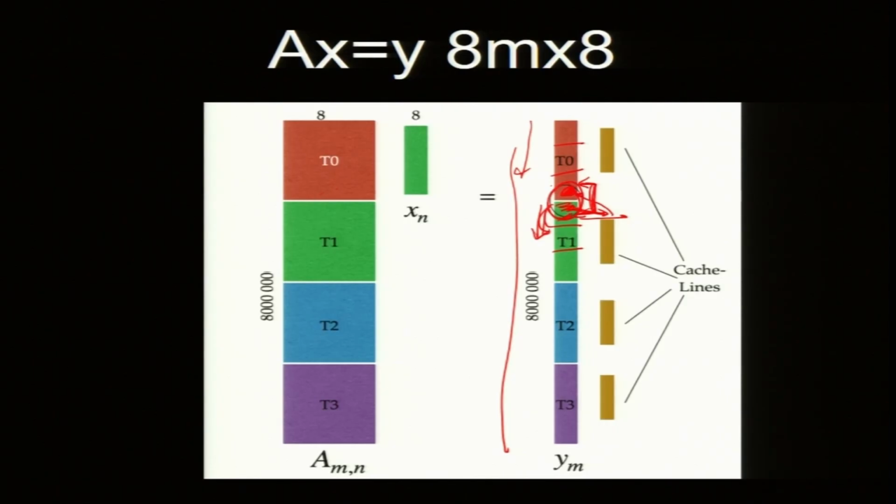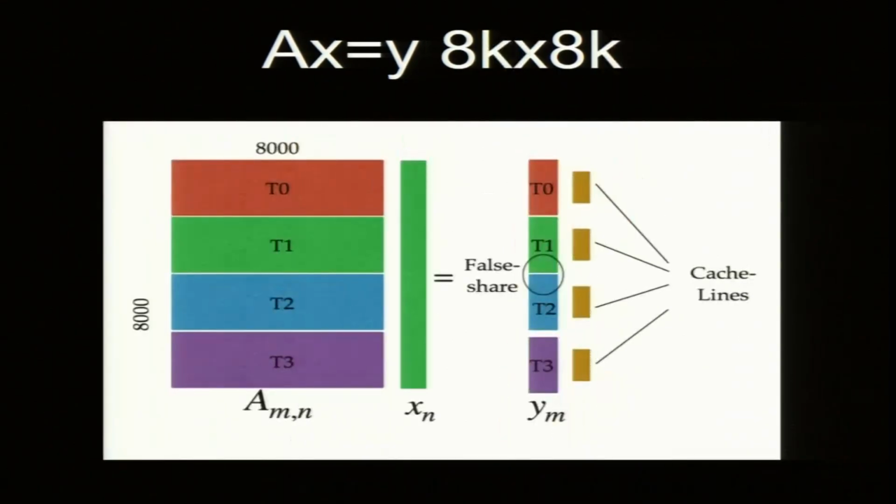So there may not be an issue, but there is a potential problem at the boundaries. Overall this is safe from cache line issues, and similar things happen for the other case too. It is 8000 and not so common.